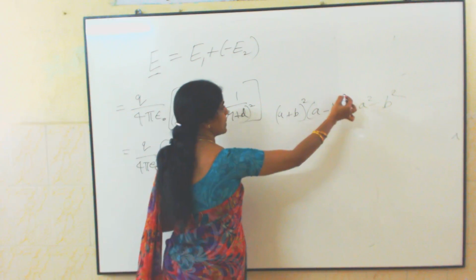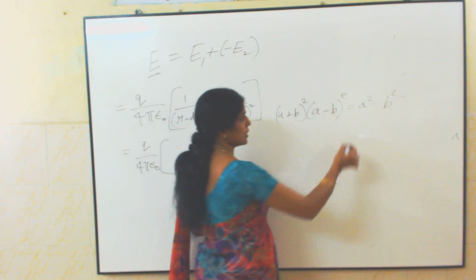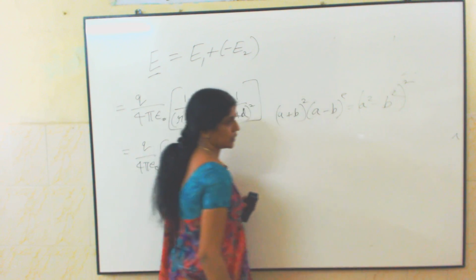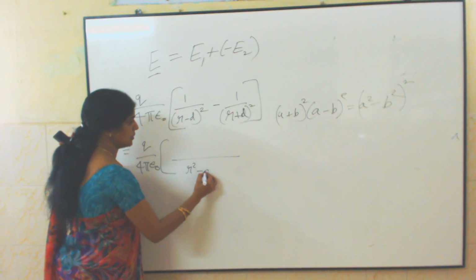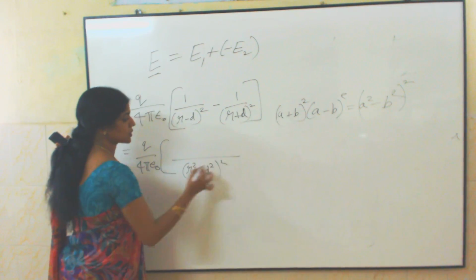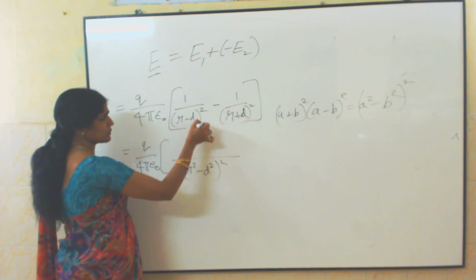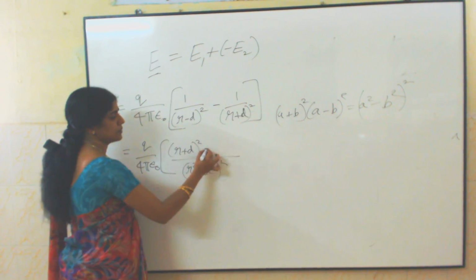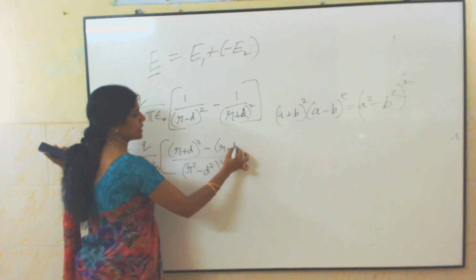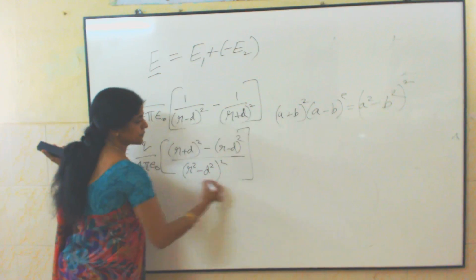So, here I have A plus B the whole square into A minus B the whole square, here again the whole square. So, I can write this denominator as R square minus D square the whole square. Then you cross multiply these two, here R plus D the whole square minus R minus D the whole square.